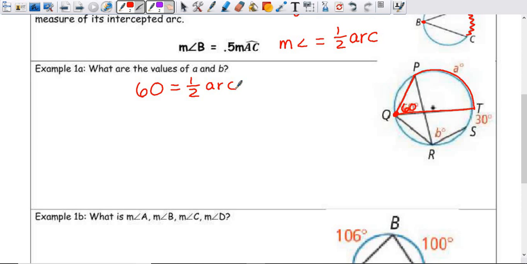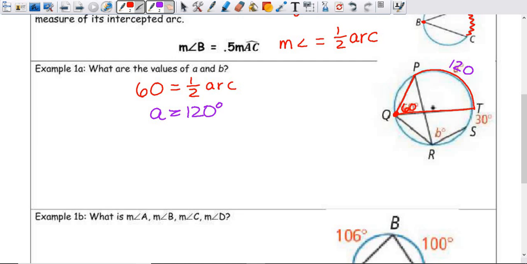So the arc should always be what is bigger. The opposite of halving something is to double it. So doubling 60 means A is 120. Okay? And that is the measure of the arc, so we're going to call that 120 degrees.